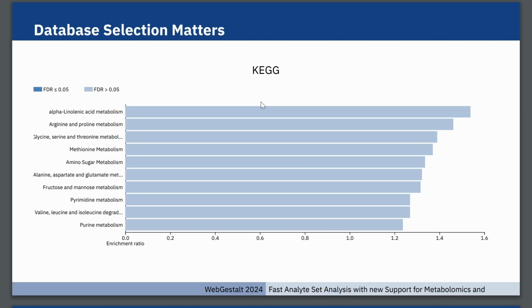GSEA, instead of doing a Fisher exact test, calculates an enrichment score using a running sum method, which is a little outside the scope, I think, of this presentation, but essentially it does that exact same thing for 1,000 random permutations, and then it uses that to calculate the p-value based off how many of those permutations had an even higher enrichment score than your real set. And that also creates a problem of it's random, which means that you can get different results every single time.